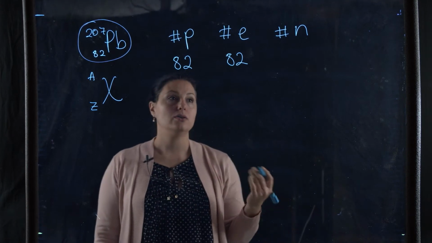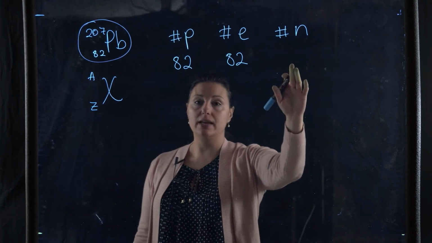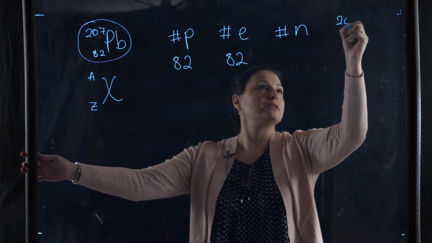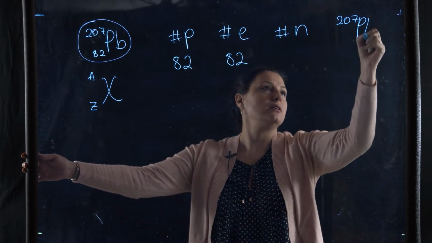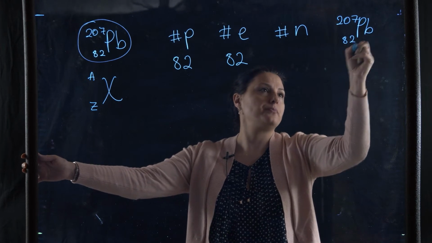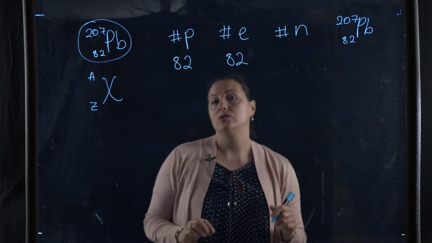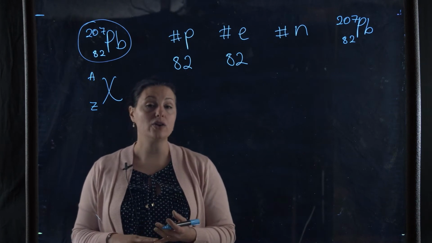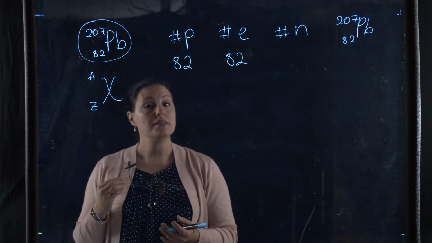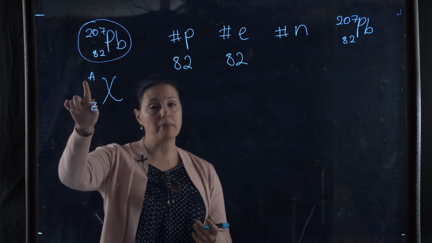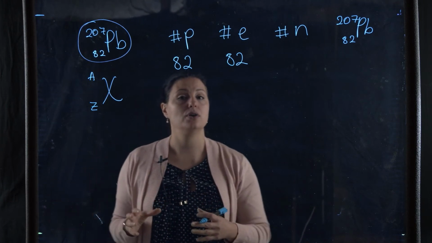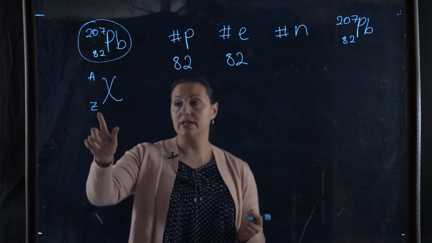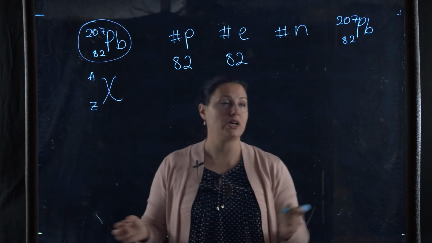Now, when I go to figure out N here, I will write this over here real quick. So I have 207 lead and 82. To figure out the number of neutrons, I know that the number of neutrons is calculated by subtracting the atomic number Z from the mass number. The mass number includes the number of protons and the neutrons, whereas Z only has the number of protons.